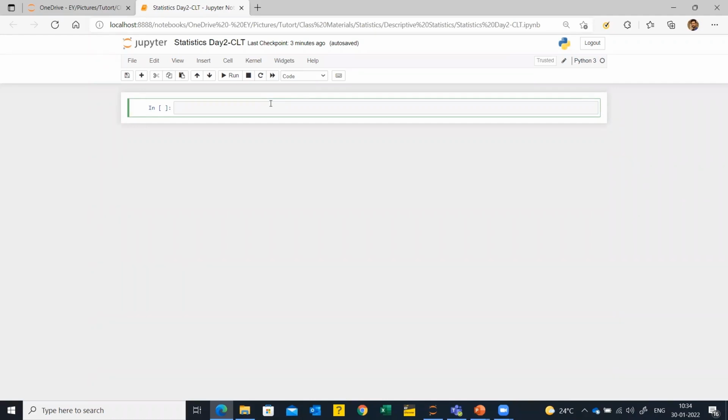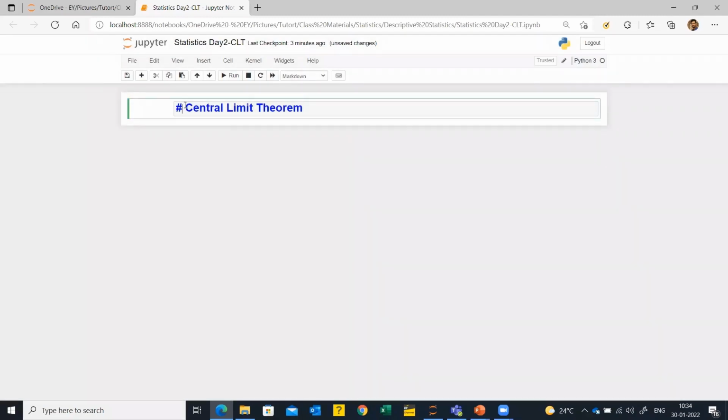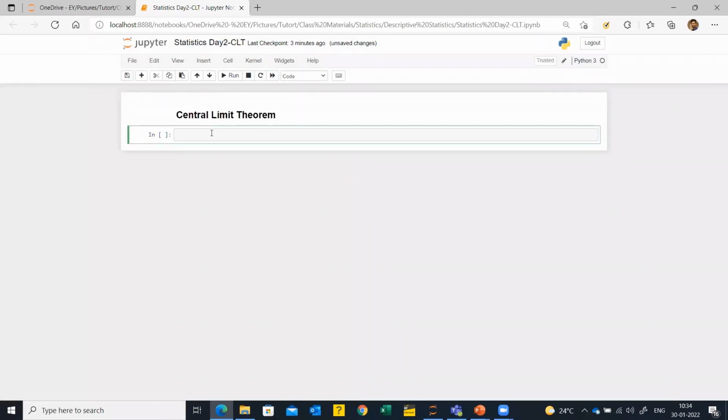Okay, let's start with the central limit theorem. So I will write. Okay, so before we start, we'll import some standard packages like import numpy as np. Please follow along with me.